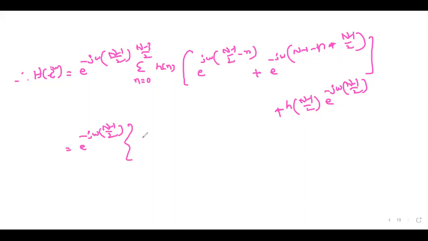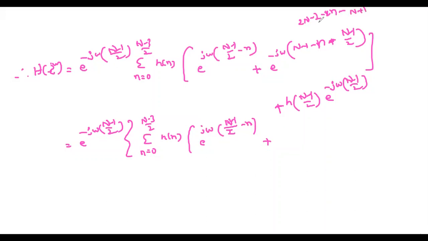So it is total common summation n = 0 to (N-3)/2 of h(n) into, here this is okay as it is, you write e^(-jω)... e^(jω((N-1)/2 - n)) plus, if you take LCM here, this is like 2n - 2 - 2n... minus n plus 1, whole divided by 2.